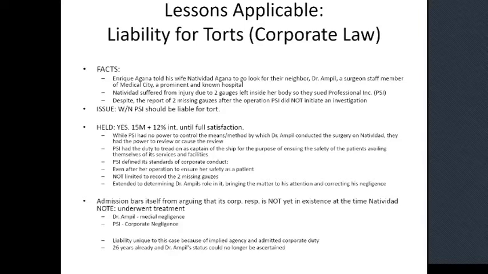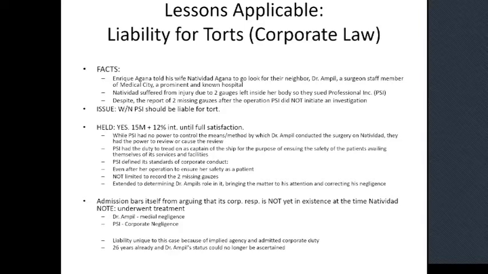Because, number three, responsibility of the hospital: supervisory powers over all doctors in its facility. So PSI has the duty to act as captain of the ship for the purpose of ensuring the safety of the patients availing themselves of its services and facilities.